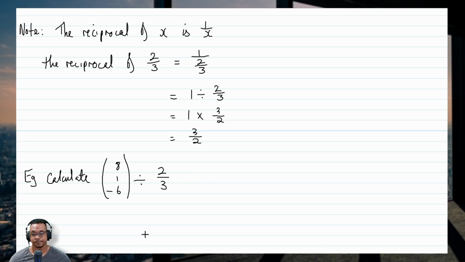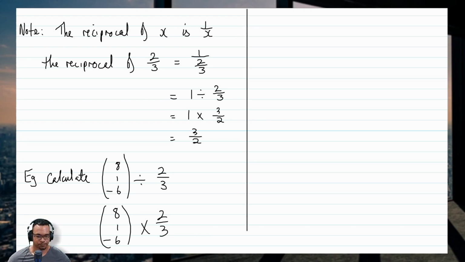If I say that, then remember, dividing by a number is the same as multiplying by its reciprocal. So we're going to have 8, 1, -6 multiplied by 2/3. Sorry, not 2/3, but 3/2.